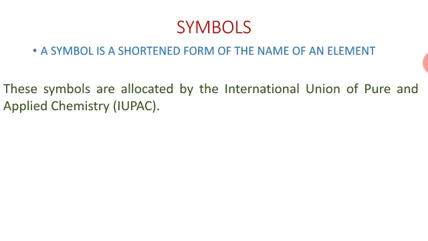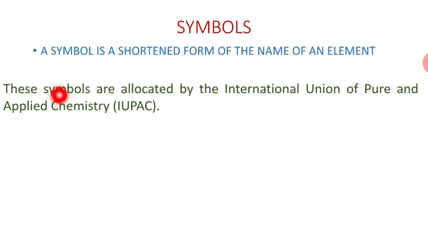For example, plus denotes addition, minus denotes subtraction, and the cross denotes multiplication, like that, right? In the same way, in chemistry, each element is denoted by a symbol. Now you understand, the symbol is a shortened form of the name of an element.